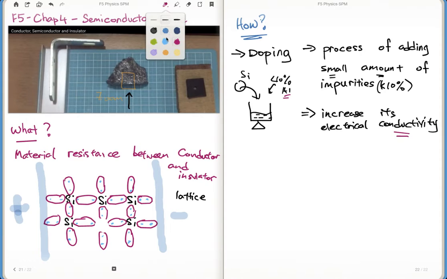So this lattice site is now being replaced by aluminium. And aluminium doesn't have 4, but aluminium is group 13, so it has only 3 valence electrons. So here, what happened? You have 1, 2, 3. So this is actually a hole, a void or a hole.